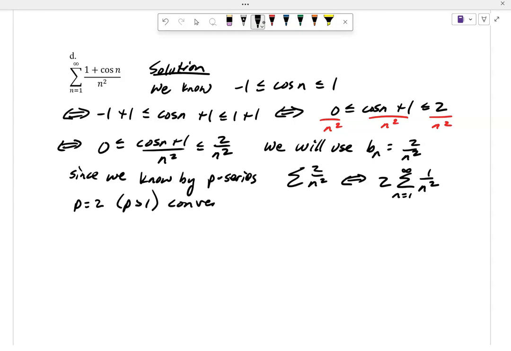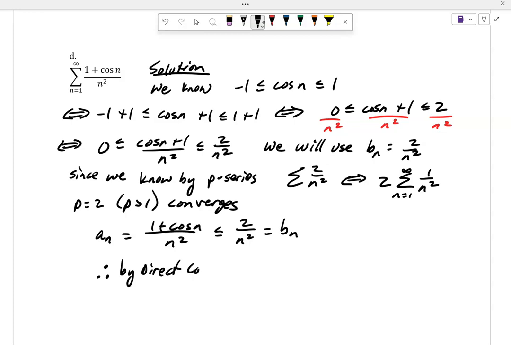It converges by our P series. And so the larger one converges. We know the smaller one must also converge, right? The original given one. So a term by term comparison will give us that it's less than or equal to 2 over n squared, so B of n. Therefore, since the larger one converges, the smaller one must also converge.